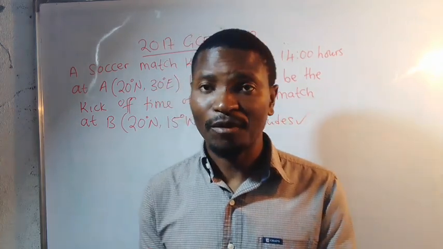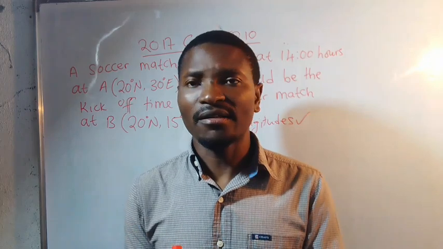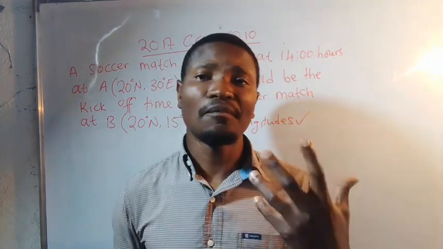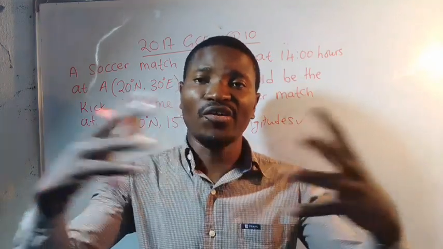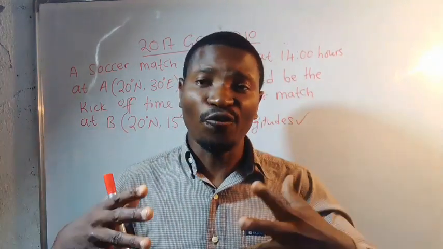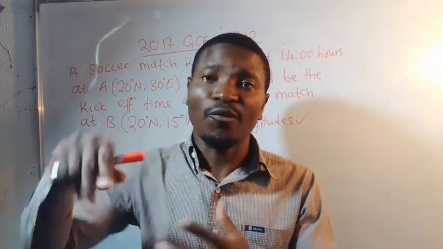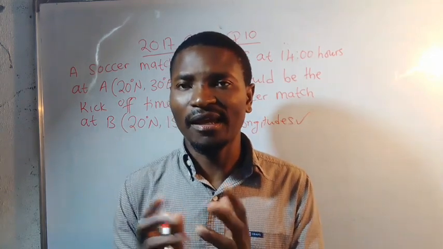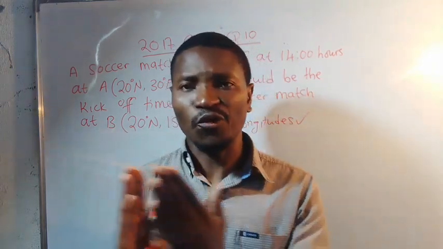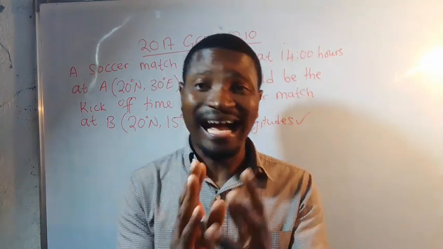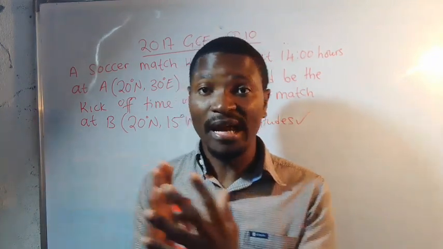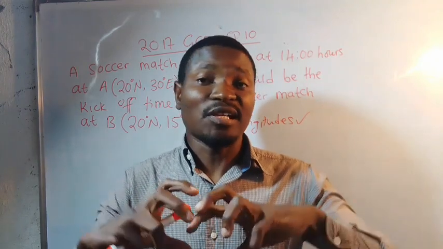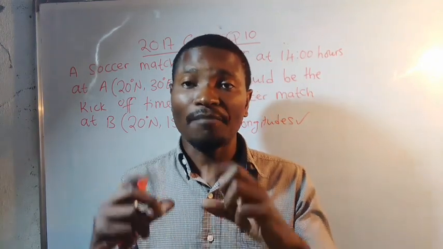Having said that, we have to understand the mathematical concept that the Earth revolves around the sun. Because of that, as the Earth rotates, it makes angles with respect to time. This concept has a unitary measurement.